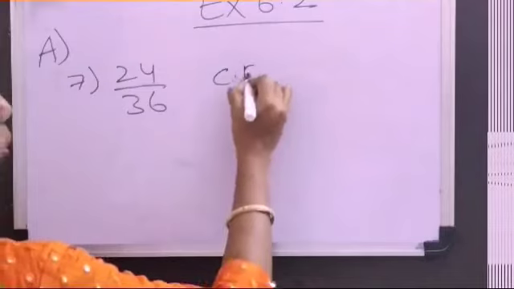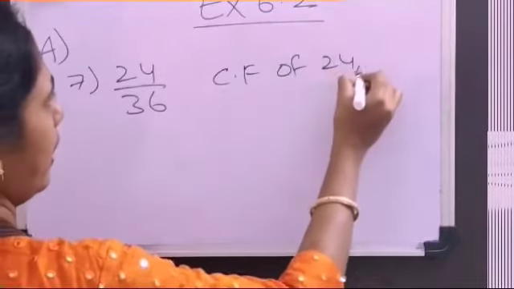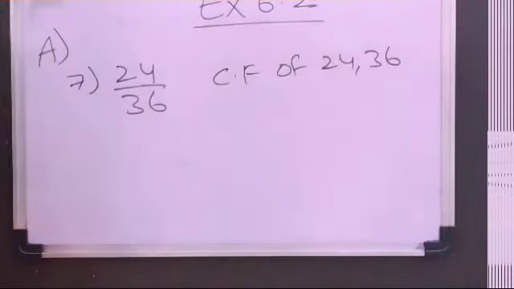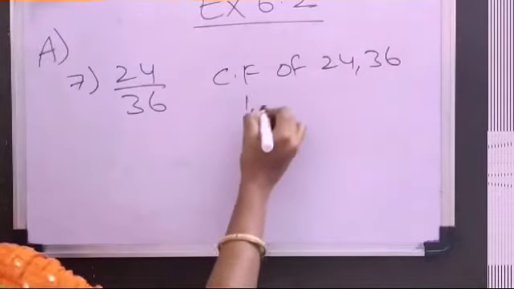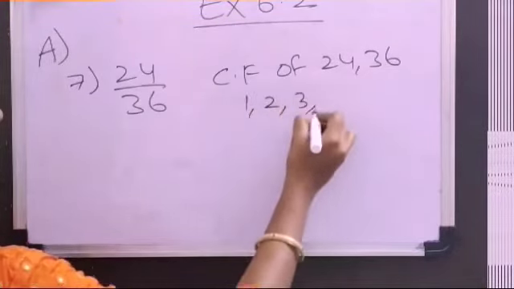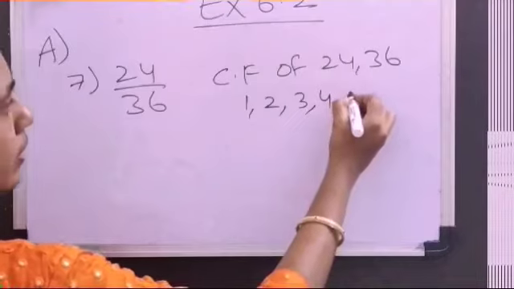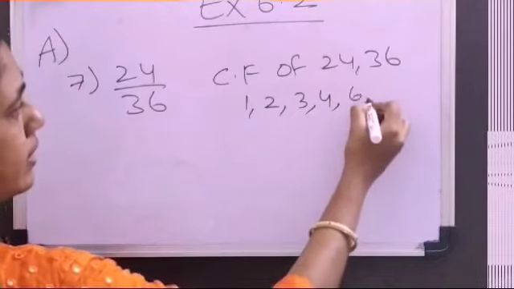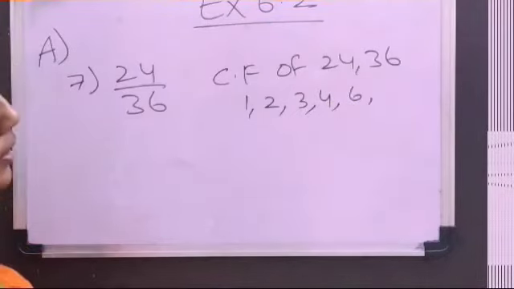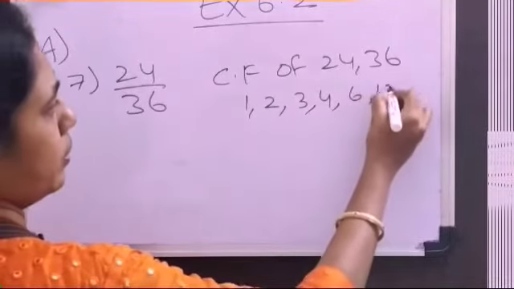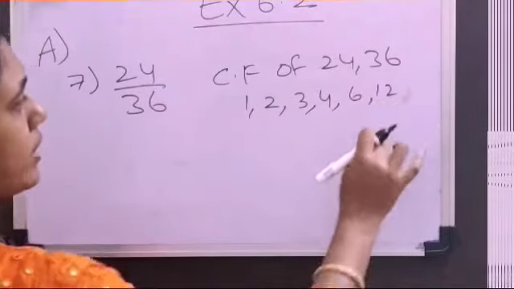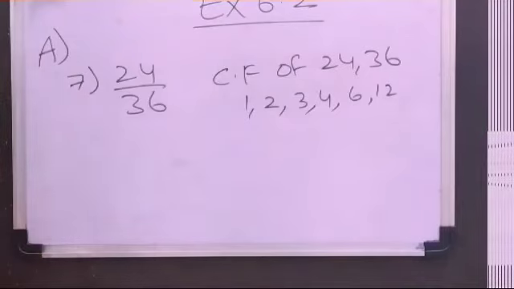So first find the common factors of 24 and 36. Okay, we'll start with 1. It will have 2, 3, 4, then 6, okay, 12. These are all common factors of 24 and 36.